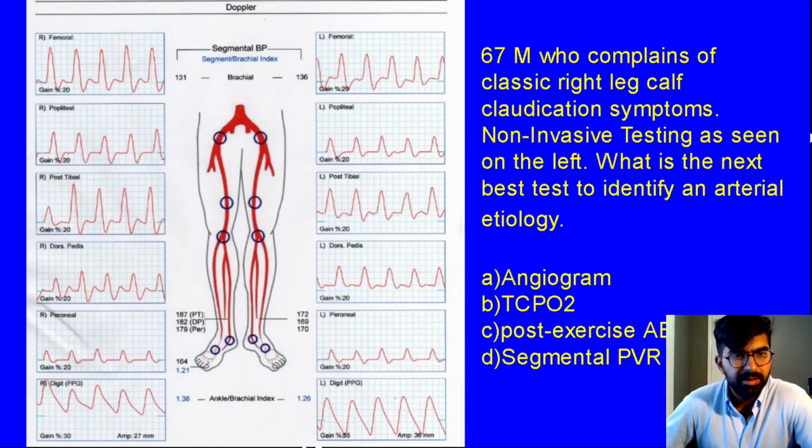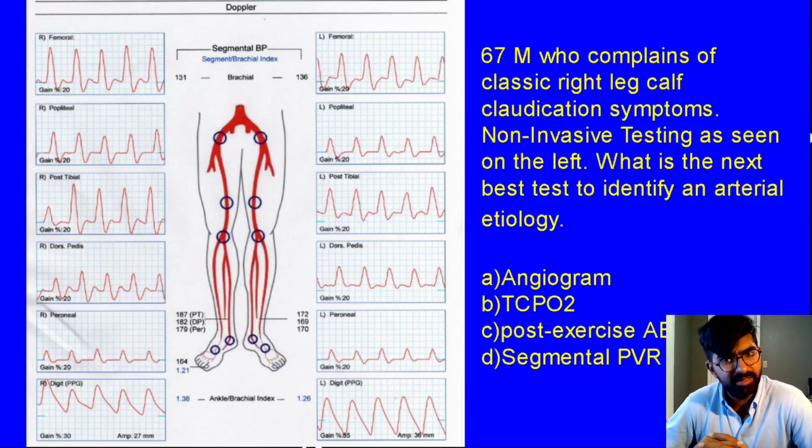So what does that look like to you on his right leg? Is that a normal ABI? Is that normal waveforms? Looks pretty normal to me. So what do you think would help you figure out if it's truly from an arterial etiology? Is it an angiogram? Is it TcPO2? Is it a post-exercise ankle brachial index? Or is it segmental PVRs?